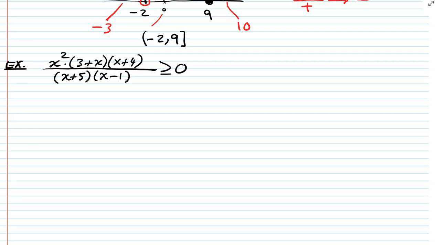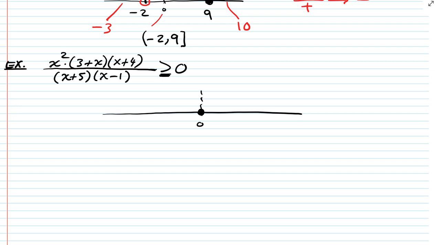So the first thing we do, let's do our number line. And here's my reference point 0. Which happens to be what makes the numerator 0 because I have equality there. So that's going to be a solid circle at 0. Okay, now the other zeros. 3 plus x.